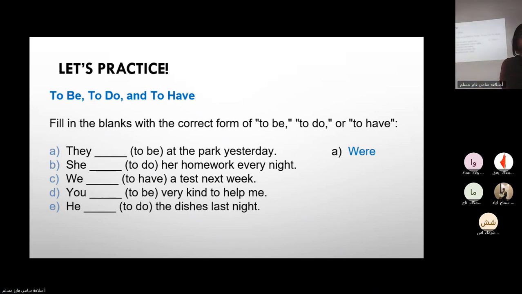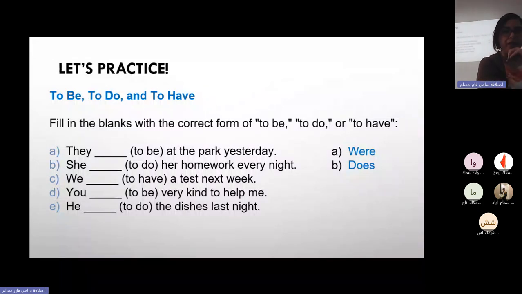No. فما تقولوا لي singular، ما تقولوا لي مفرد، قولوا لي the third person pronoun. اوكي؟ does ليش does؟ لأنها بالماضي أو every night present. اوكي؟ simple. يلا يا ولا الثالثة.